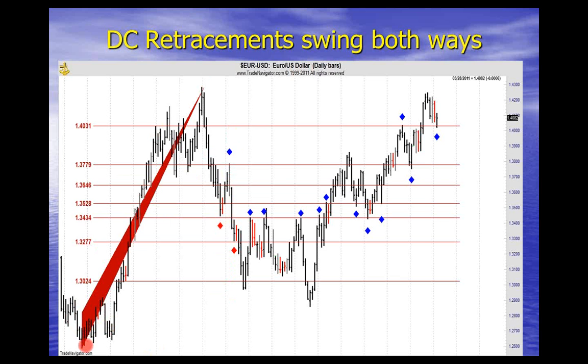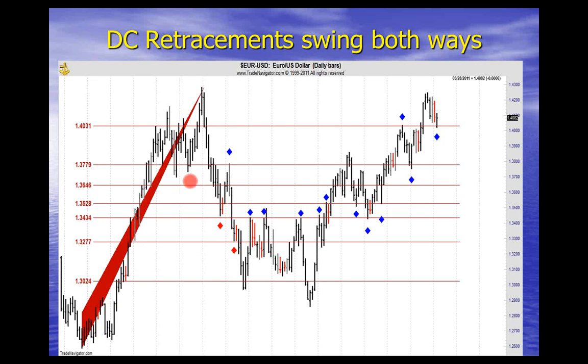So they are retracements going down, and we would expect the market to find and acknowledge the points on these numbers, and it does. And there's one, I've marked them with a red diamond, and there's two, and that's about it.